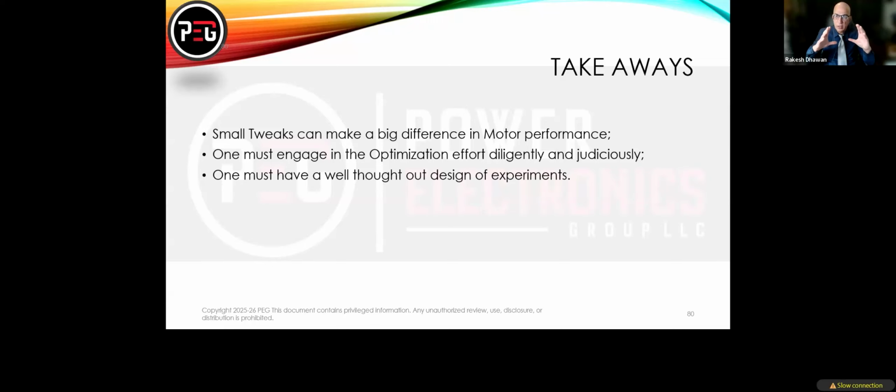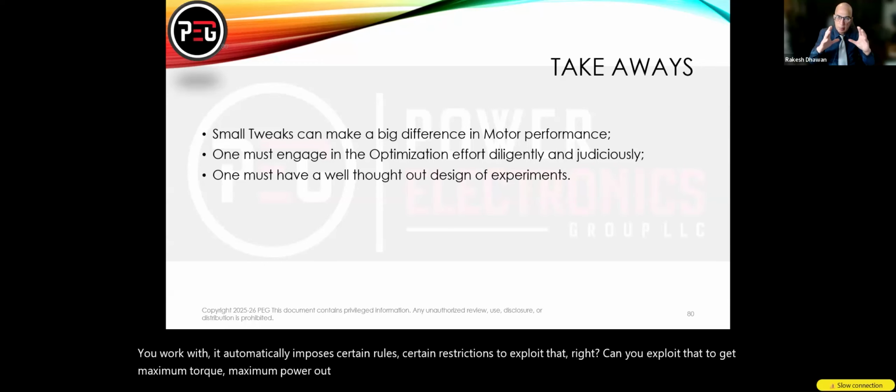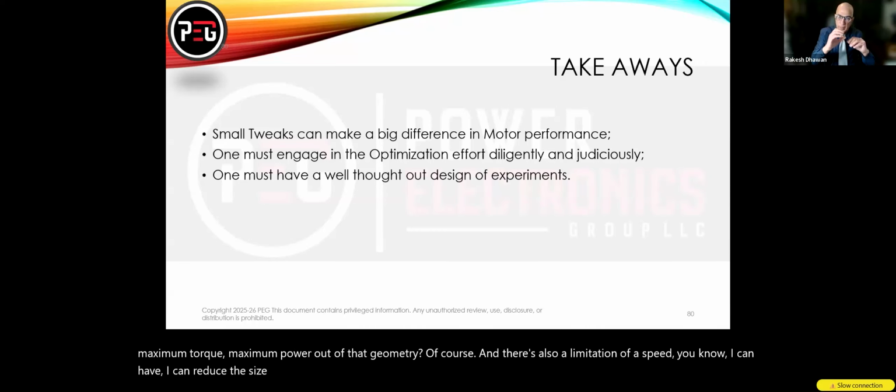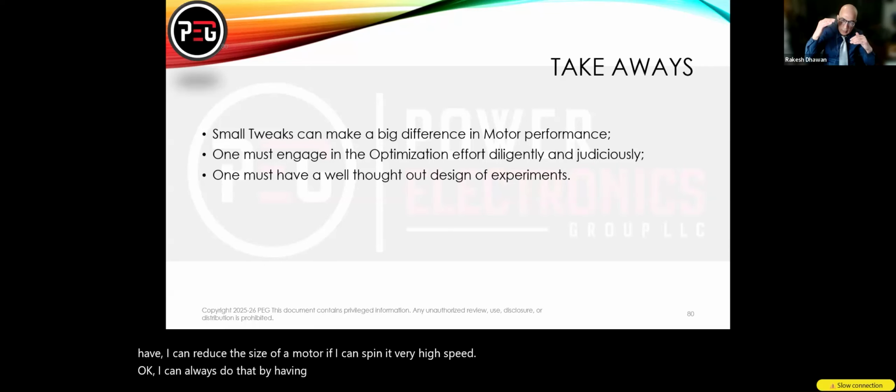Can you exploit that to get maximum torque, maximum power out of that geometry? Of course, then there's also a limitation of speed. I can reduce the size of a motor if I can spin at very high speed. I can always do that by having a gearing mechanism in place. I can also increase my torque, right?